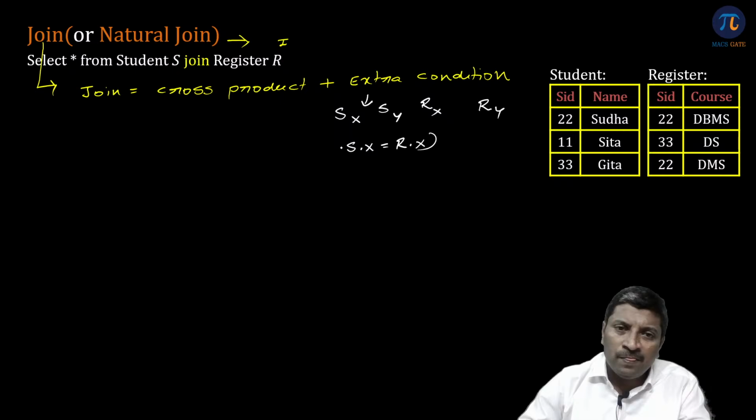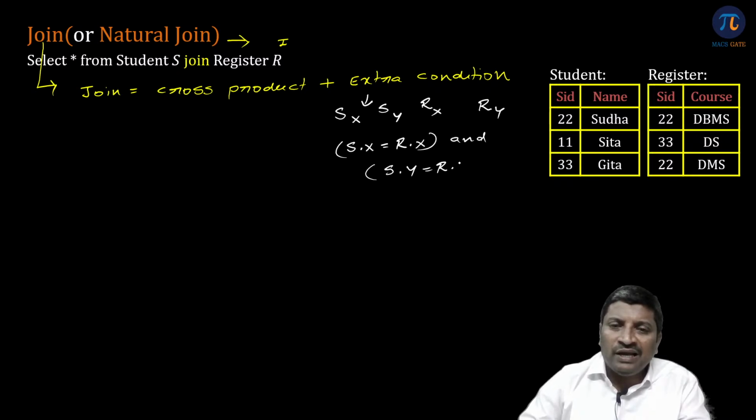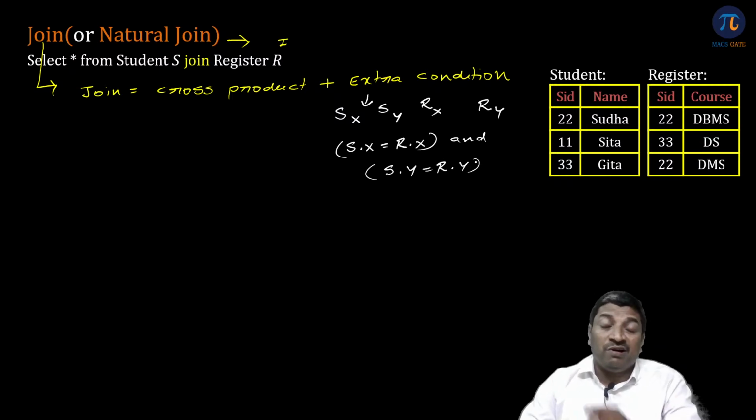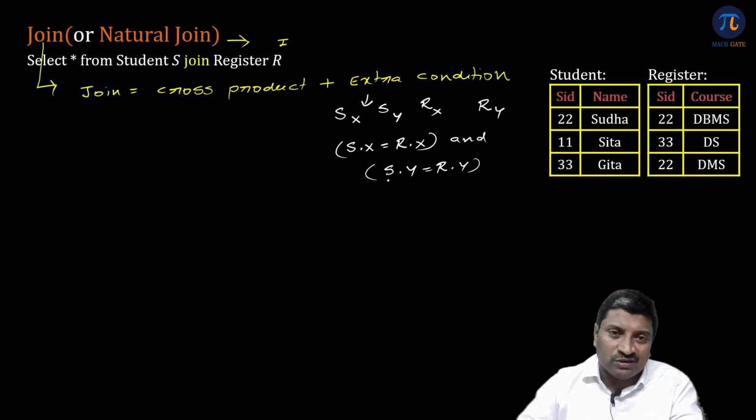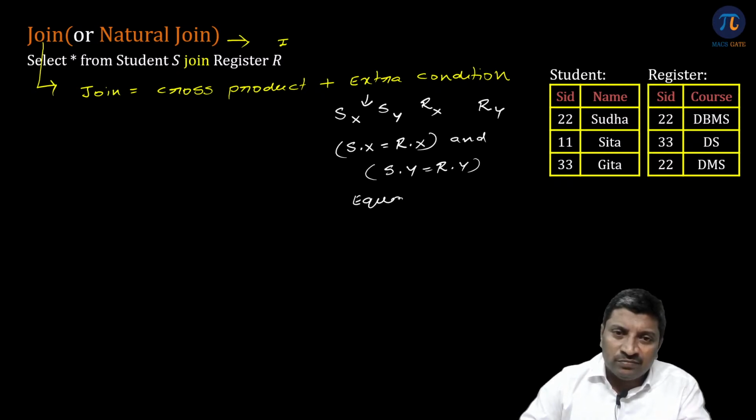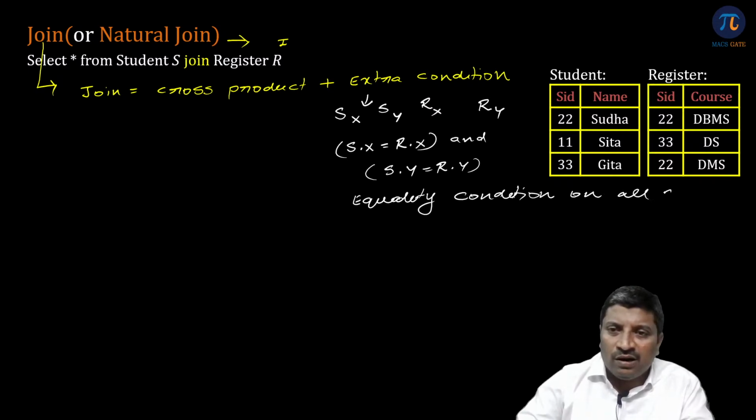Then it should be S dot Y equal to R dot Y. Like that, an equality condition for all the common attributes, not for some, sir. So compulsorily an equality condition on all common attributes.